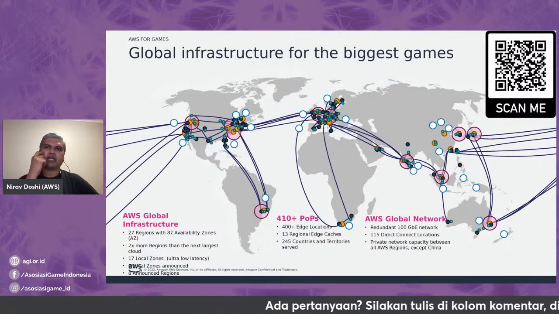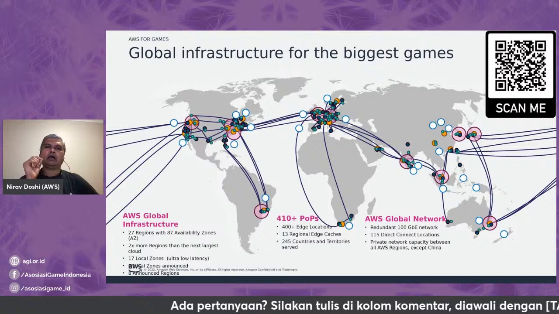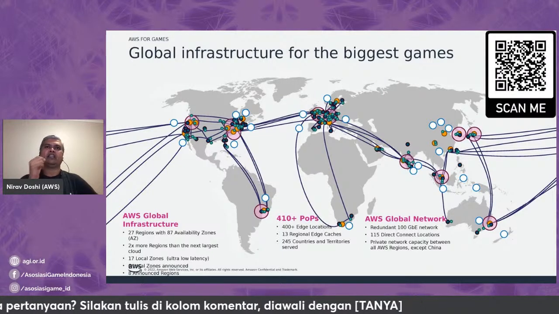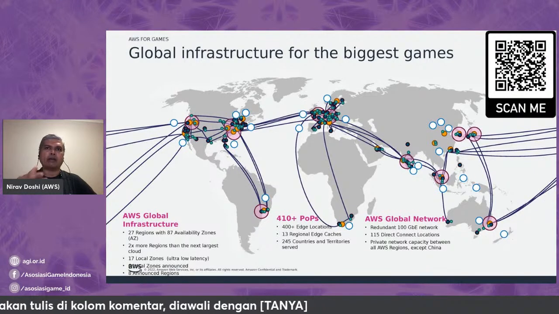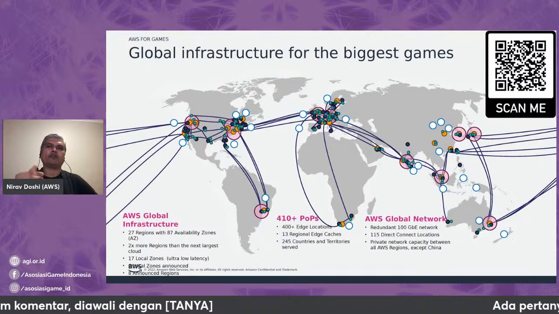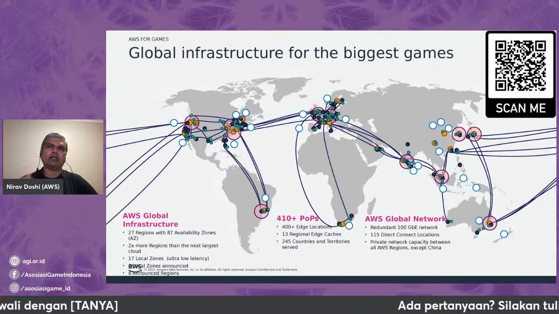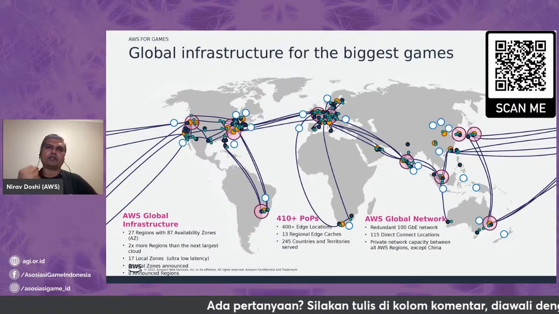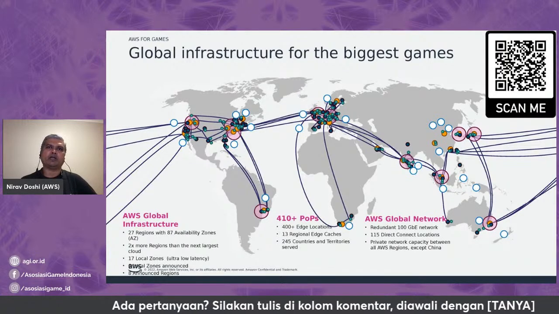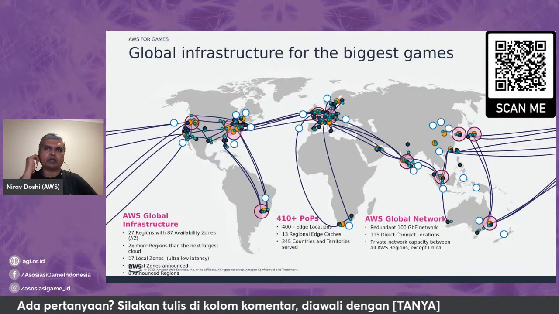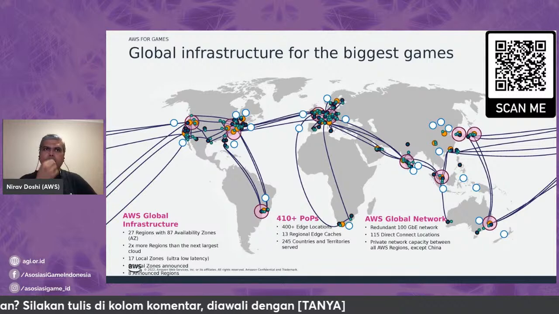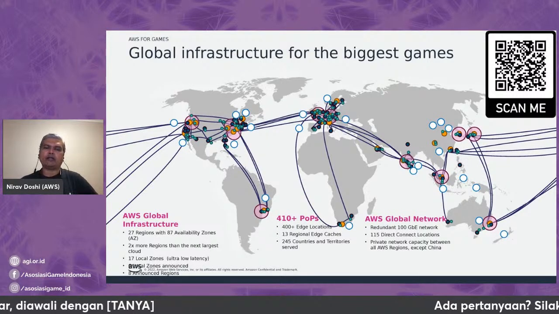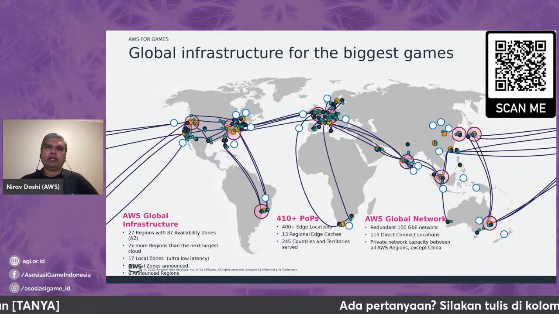We also have mechanisms built in which provide you the ability to sustain any failures and build your applications to be fault tolerant, reliable and stable. So all this infrastructure helps with making sure that your players never experience outages because of AWS. This is just an example of the wide network that we offer.